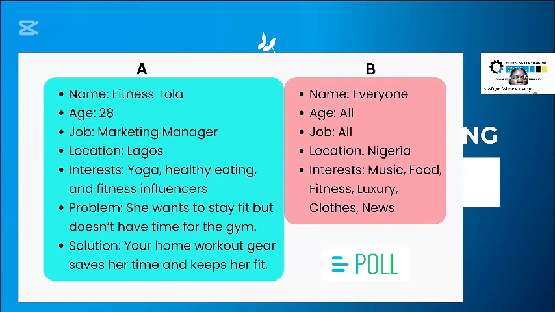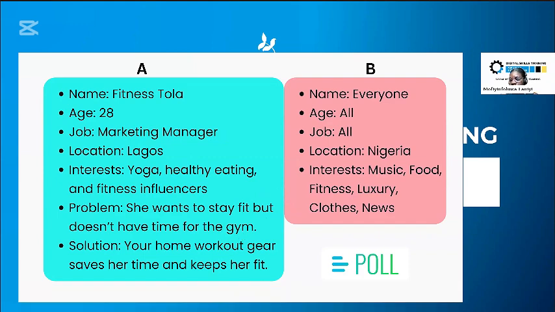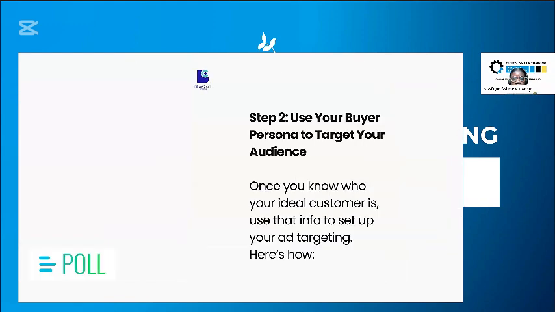So they can just buy the workout gear and use it at their house, right? And the solution is the workout gear will save her time. So she knows what she's trying to target. So when she goes on Facebook and she's trying to run an advert, she's not going to be selecting some very ridiculous things that don't have anything to do with what she's selling.